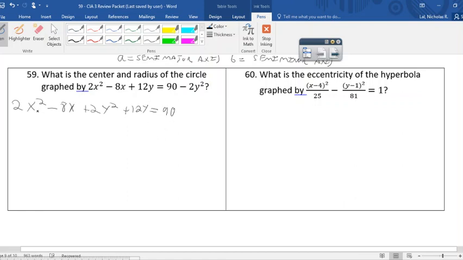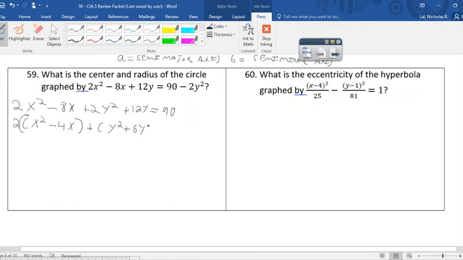Then we're going to have to factor out our 2. So when we factor out our 2, we will have x squared minus 4x plus y squared plus 6y.